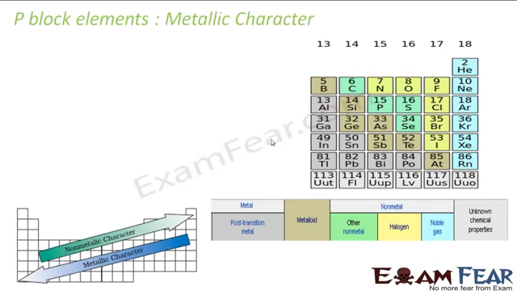The metallic character, again the same thing. If you go from left to right and from bottom to top, the non-metallic character increases. So if you see here, these are my metals.